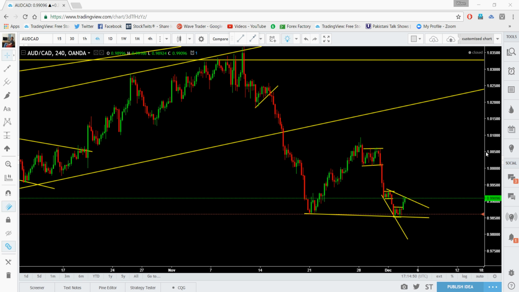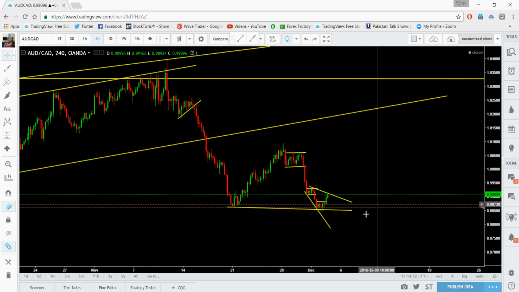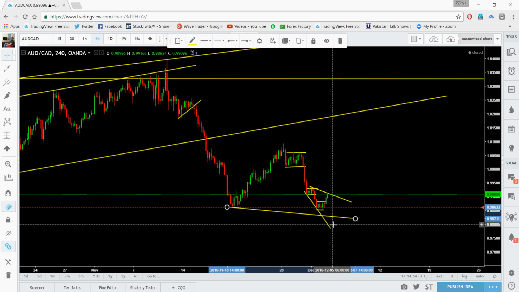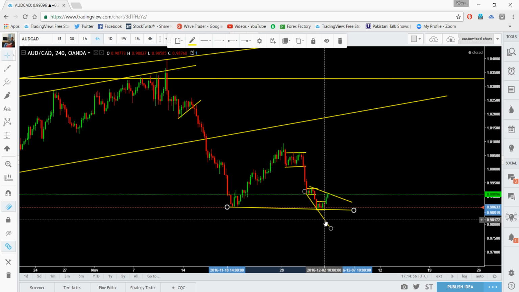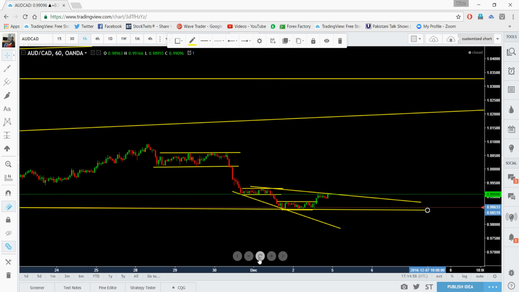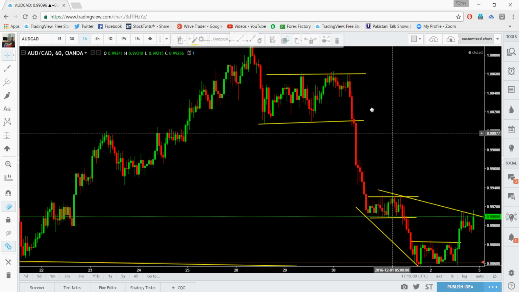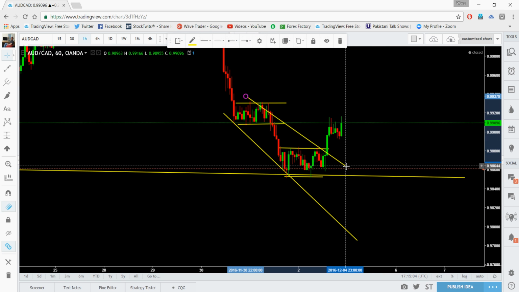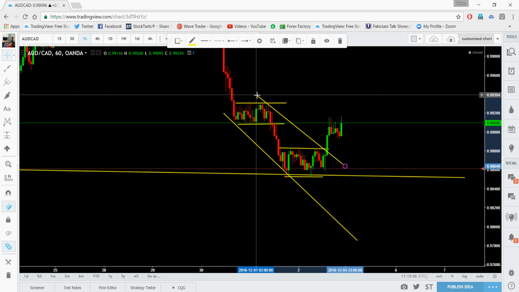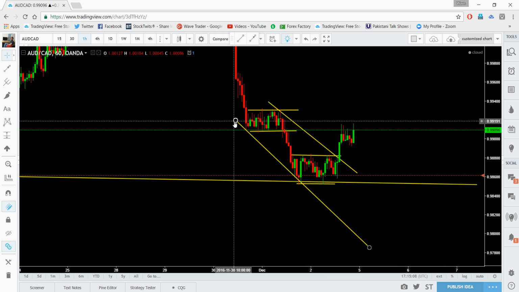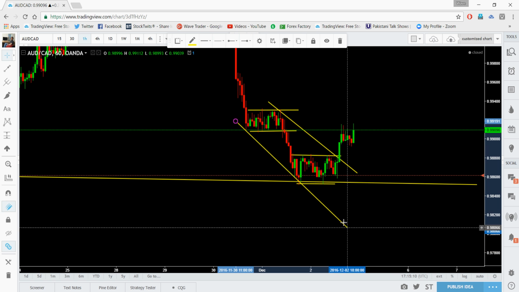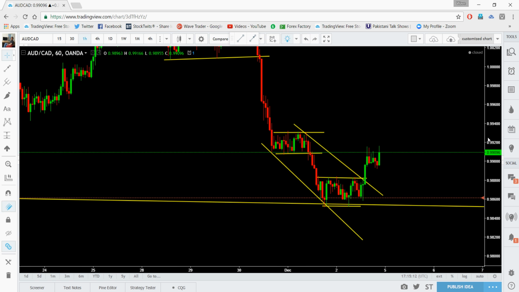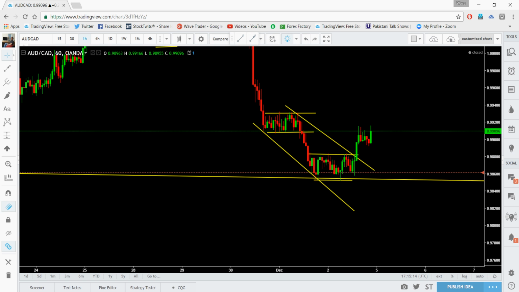Now what kind of formation we may see, this is the question. Okay, what kind of formation are we going to see? So on the lower time frame there was a trend continuation pattern and a descending channel. The descending channel was giving a signal that price can reverse to the upside, and the trend continuation pattern was giving a signal that it can further push to the downside. Everybody knows that this channel forms against the indication.